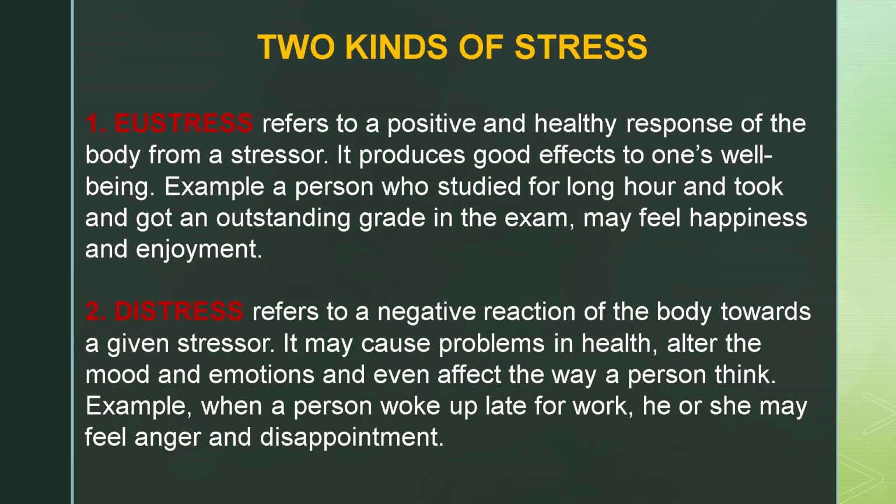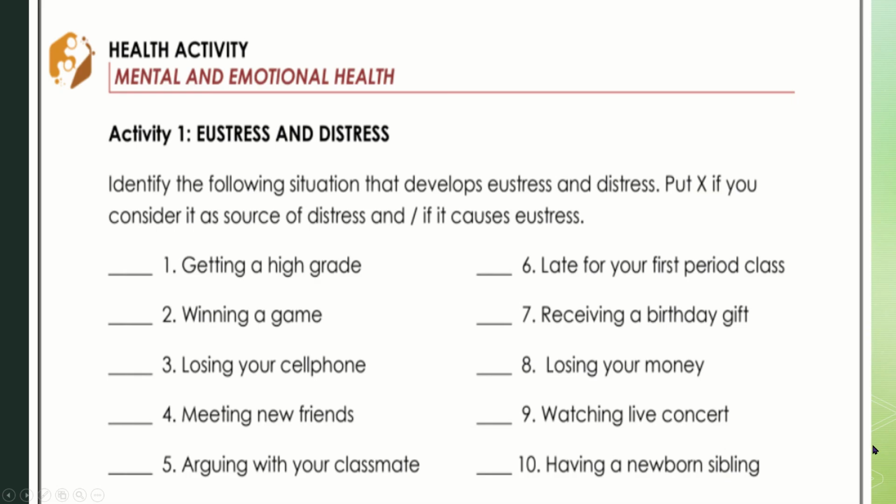An example of distress is when a person wakes up late for work, she or he may feel anger and disappointment. These are the two kinds of stress, which contrast with each other, the eustress and the distress.